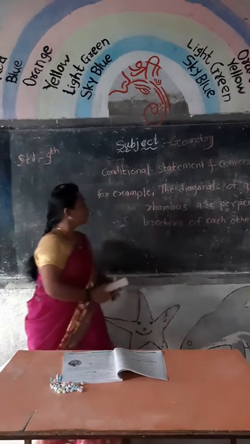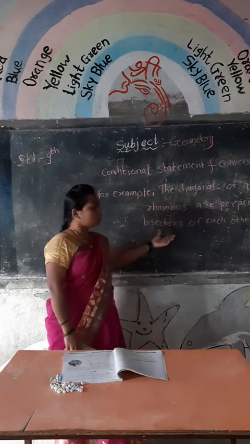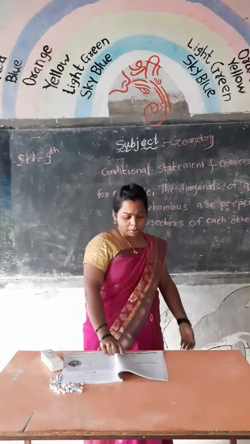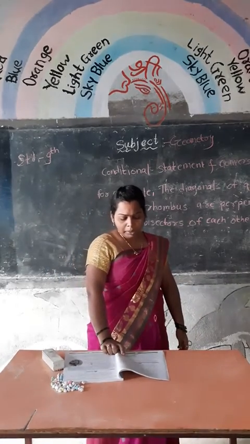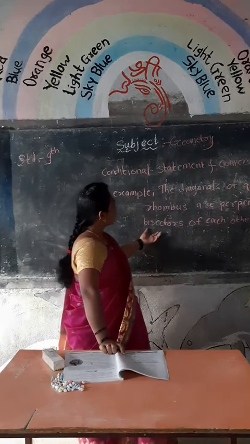The diagonals of a rhombus are perpendicular bisectors of each other.